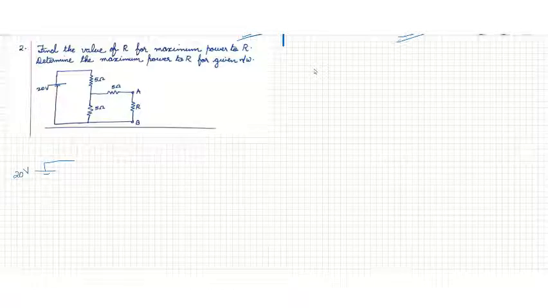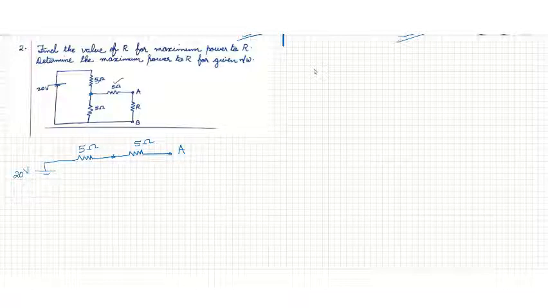20 volt source, then from the 20 volt source to a 5 ohm resistor. From this terminal of the 5 ohm resistor, another 5 ohm resistor to terminal A. So we have already drawn these two resistors.